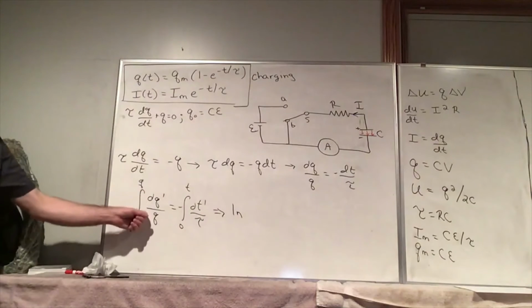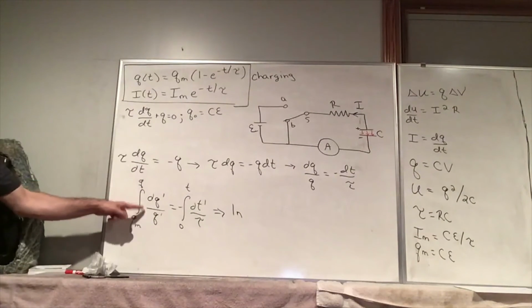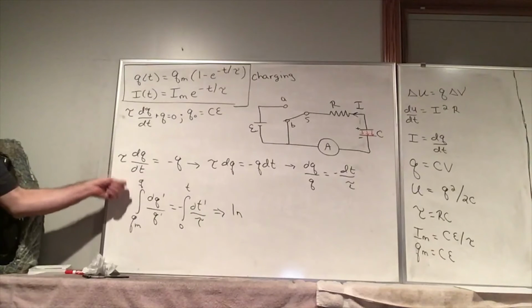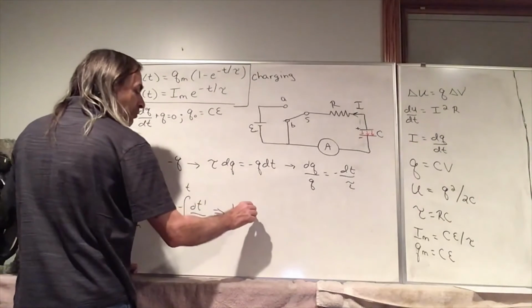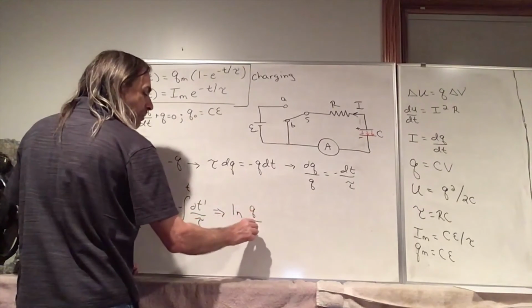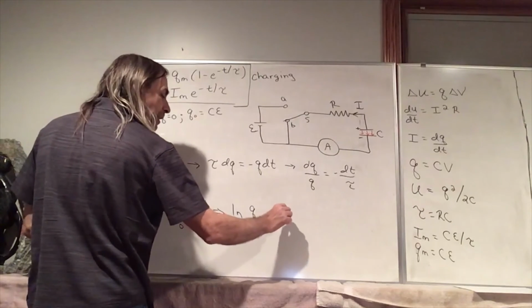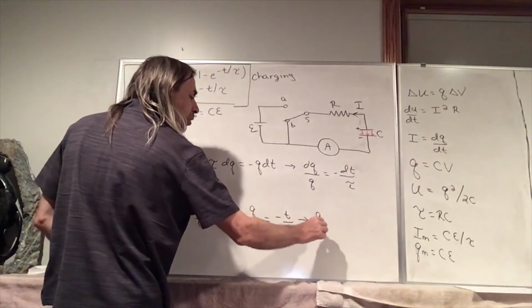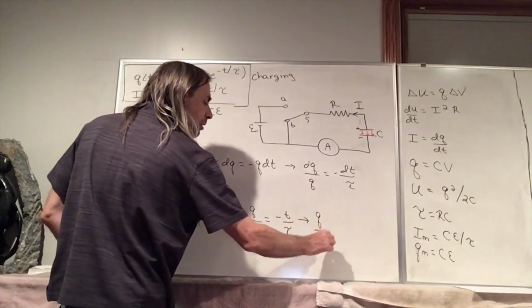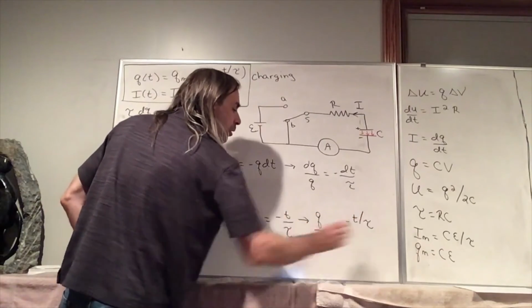Again, we know it's natural log of Q prime. Evaluate these two: natural log of Q minus natural log of Qm, or natural log of Q over Qm equals minus t over tau. So that means Q over Qm is e to the minus t over tau.